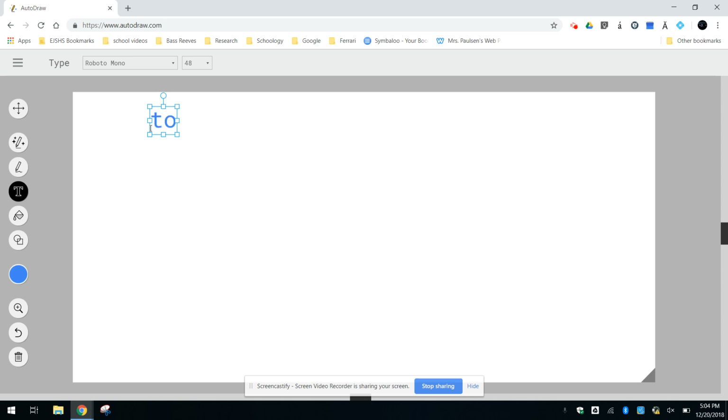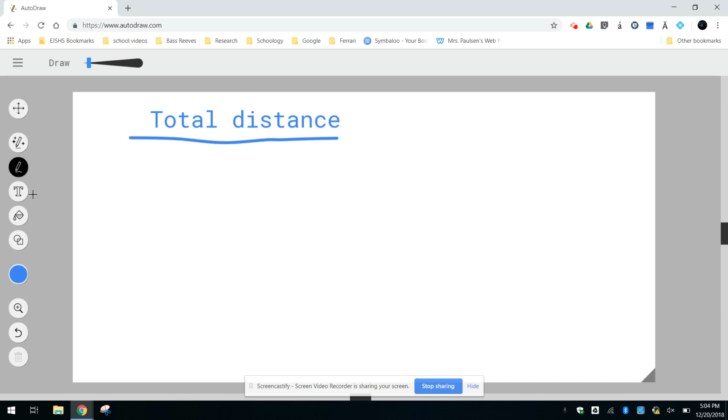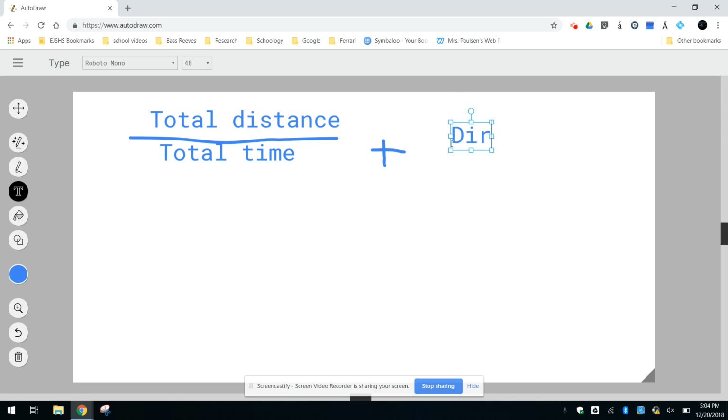So it's going to be total distance over total time plus direction. Direction isn't actually a number, but it does work very similar. You're going to add the direction towards the end. So we already know how to do that.